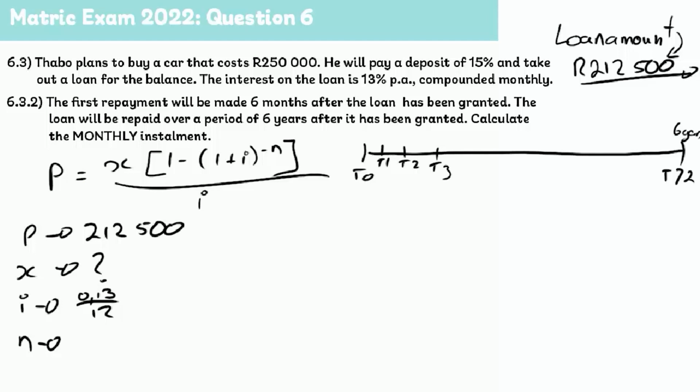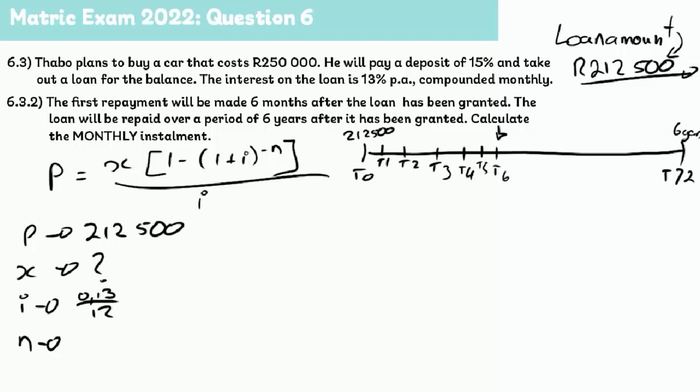But here's a problem. It says the first repayment will be made 6 months after the loan. So you go 1, 2, 3, 4, 5, and 6. At this point is the first time we're actually going to make a payment, T6. So at T4 and T5, we're not making payments, but the bank has already given us a loan of 212,500 at T0.